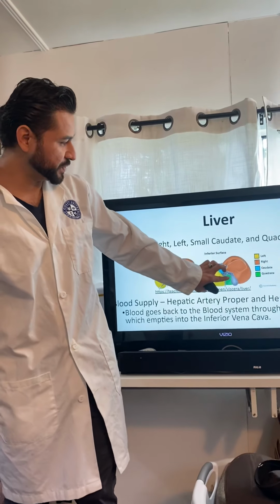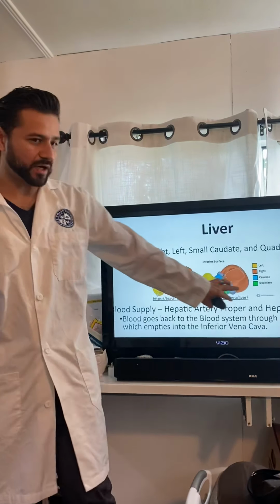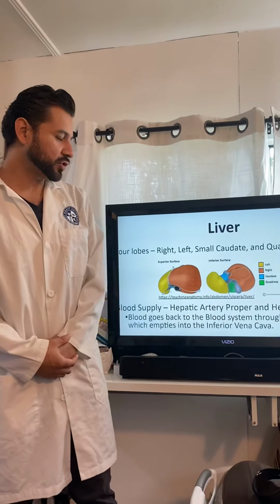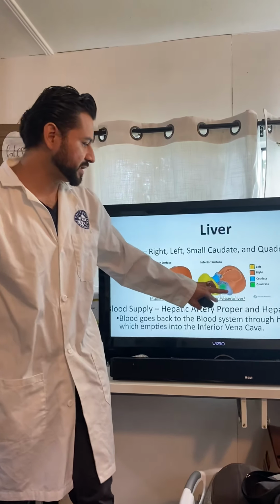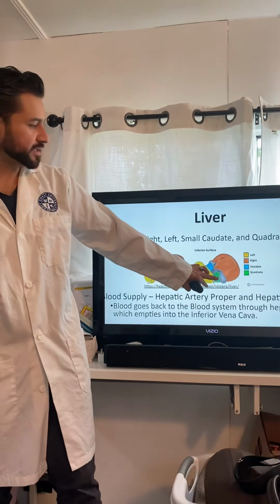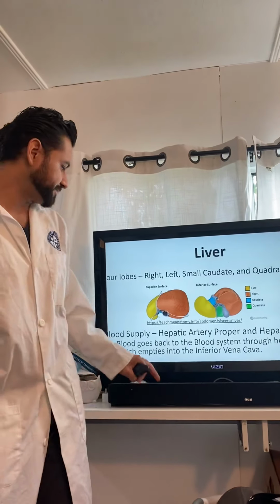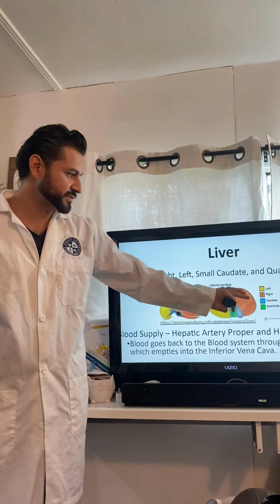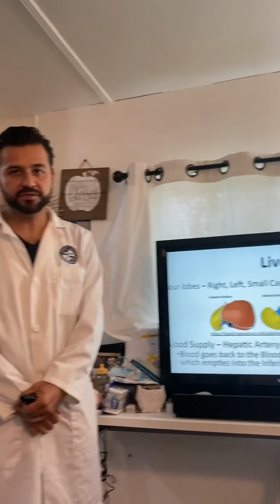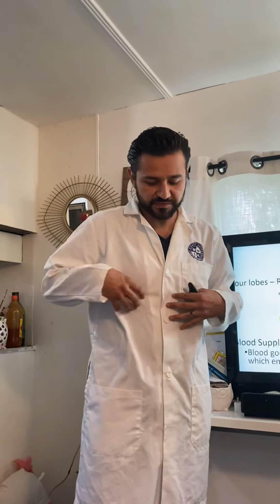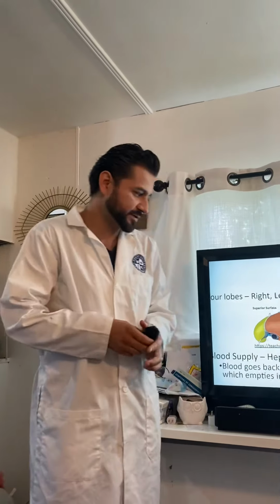It would be these two, the caudate and the quadrate lobes. The quadrate lobe is behind the gallbladder, and the caudate would be by the hepatic vein area. And like you see here, it's the inferior surface of the liver, so we wouldn't have been able to see it just from opening and viewing it there.